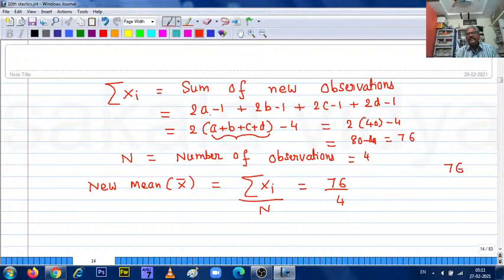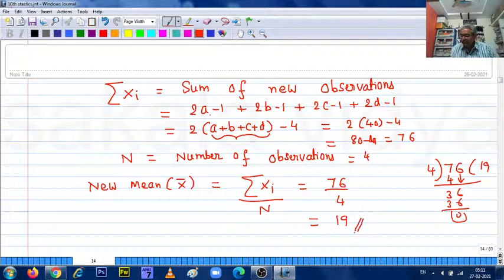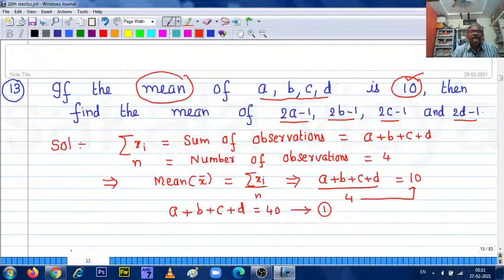So 76 is divided by 4. 4 times 1 is 4, 3, so note down 6. 4 times 9 is 36. So 19 you will be getting. So answer is 19. Okay, 19. You go through this question once again, all of you.